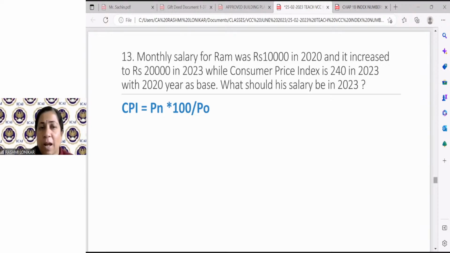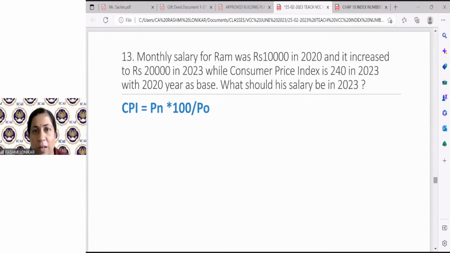So actually looking at this, what do you see? In 2020 his salary was 10,000 and now it has doubled to 20,000. Okay, so when you're reading this you feel so good. His salary has doubled. But what about the CPI? What about the consumer price index? It is 240. The prices have more than doubled. Something was 100, it is not 200, it is 240.